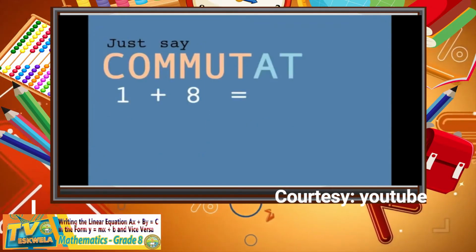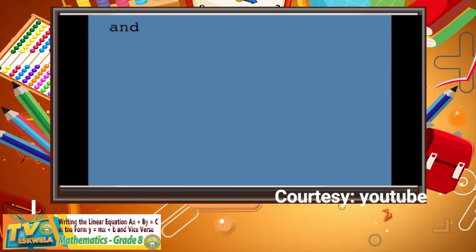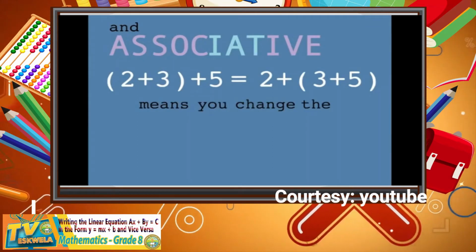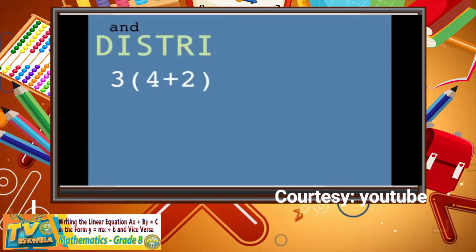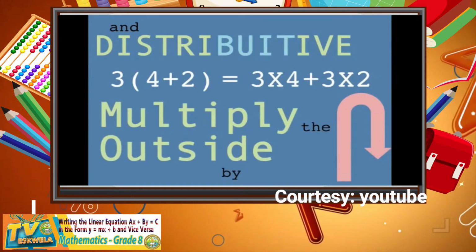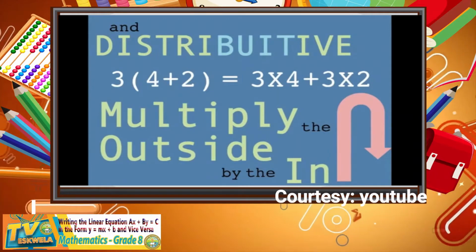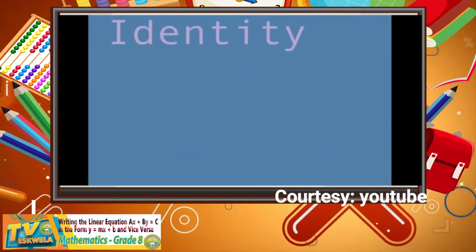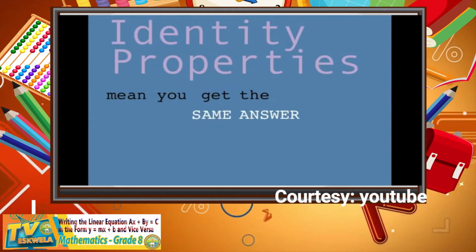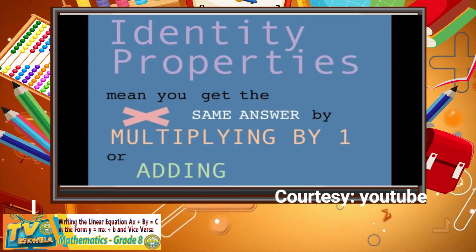Commutative means you change the order, and associative means you change the grouping, and distributive, multiply the outside by the in. With identity properties, you get the same answer by multiplying by 1 or adding 0.